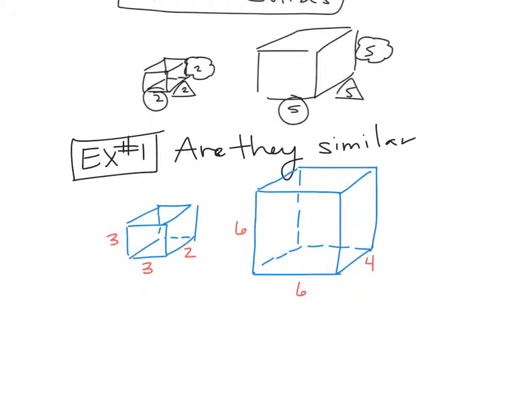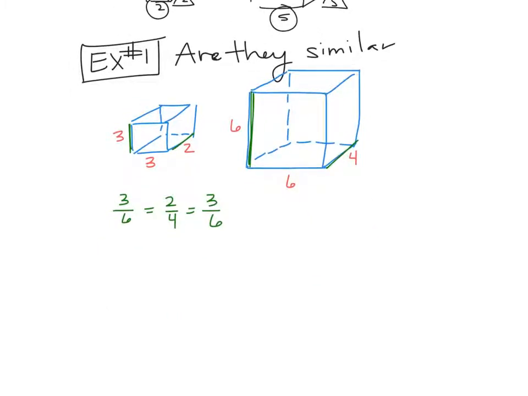Okay, to determine if they are similar, you have to match up the corresponding parts and create a scale factor. So if I'm looking at numbers here, what is one ratio, one scale factor? 3 to 6. 2 to 4 would also be 1 to 2. And then the last one? 3 to 6. So you have those 3 ratios for the sides of your figures.